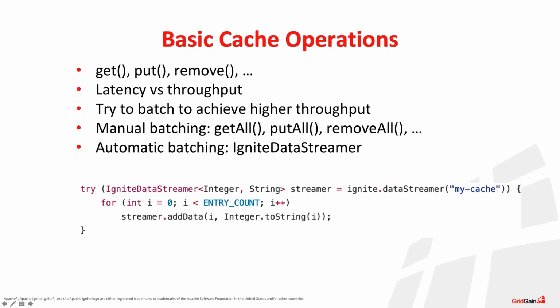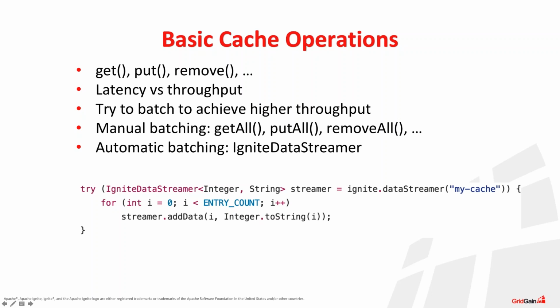When you group operations in batches, you decrease the number of network messages in your system, and therefore you improve the throughput. But keep in mind that usually it's not good for latency, because the first operation in the batch will wait for the last operation in the same batch, and the latency of this first operation will be very, very high.